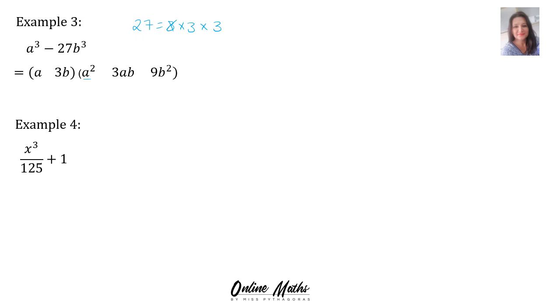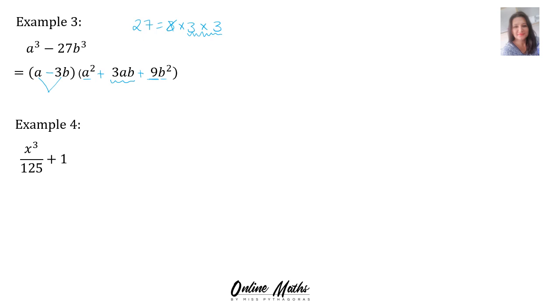A squared and b squared. And where does the 9 come from? It's this, 3 times 3 is 9. And your middle term is that one times that one, 3ab. And since it's a negative, your pattern for your signs will be minus, plus, and a plus.